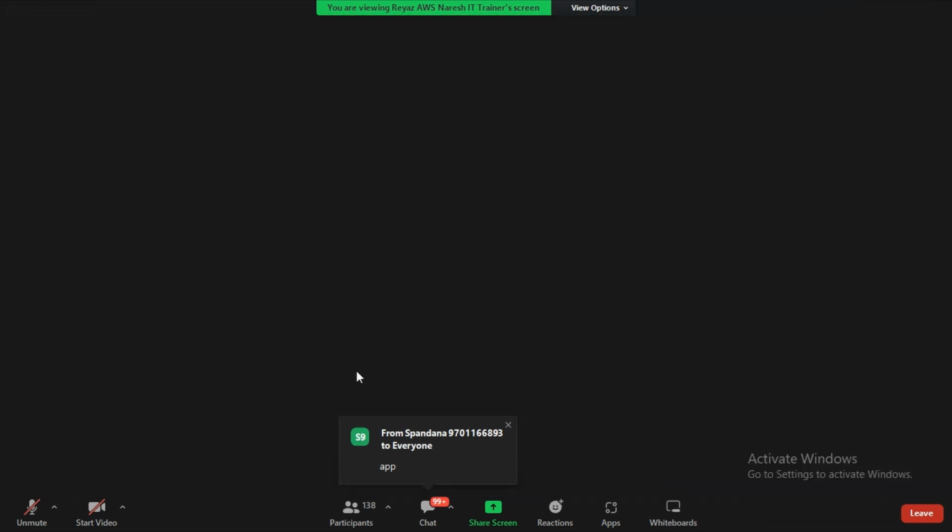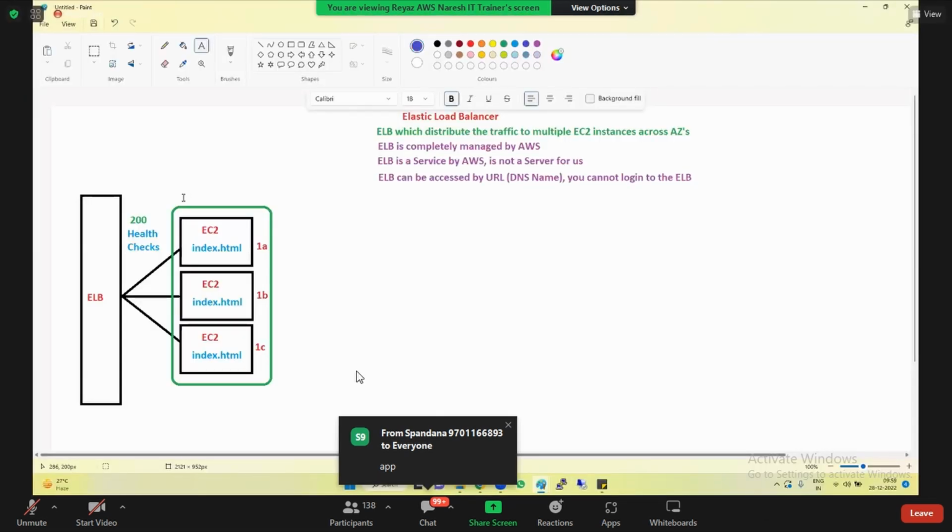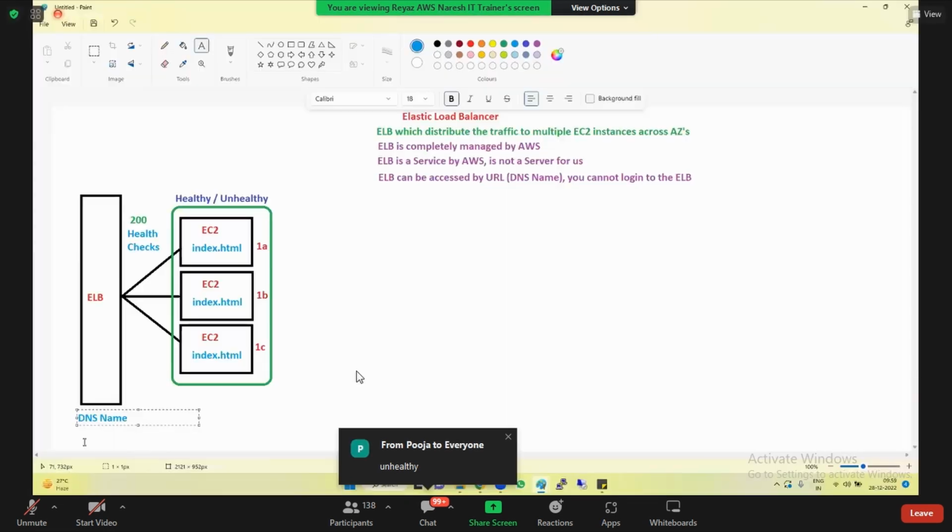So if it is giving 200, then it is considered as healthy. If it is not giving 200, then it is considered as unhealthy. Correct? We have learned this. Healthy or unhealthy. So whenever you create a load balancer, AWS will give you a DNS name that is nothing but a nasty URL.